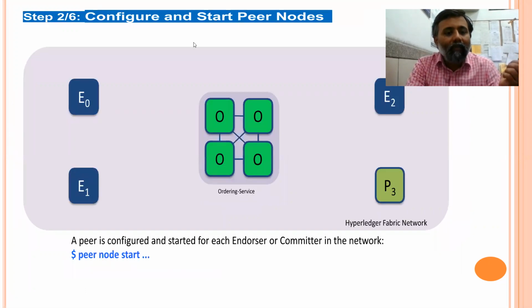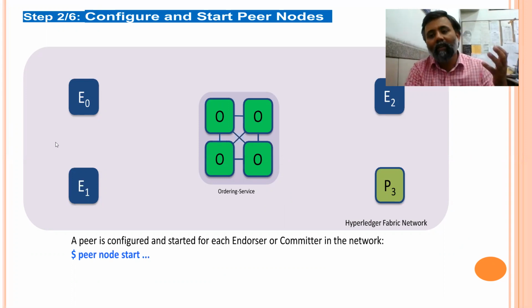Now the next step will be configuring the peer nodes, and these nodes will have the role of endorser and the role of committer. Suppose in this slide, I am showing E0, E1, and E2 as endorser nodes, and this P3 as the committer node.